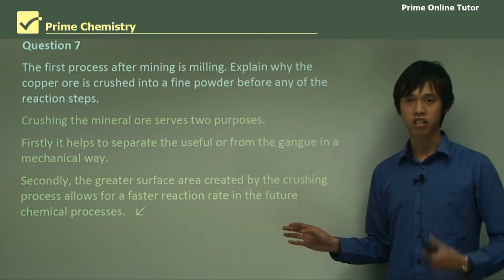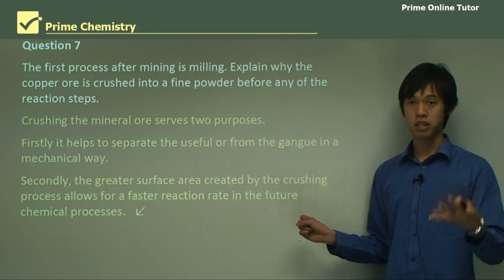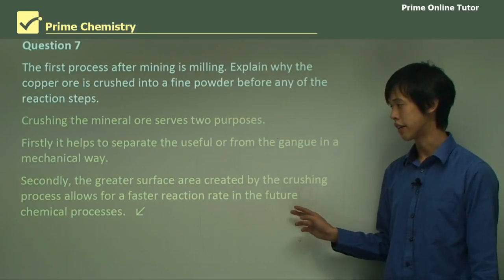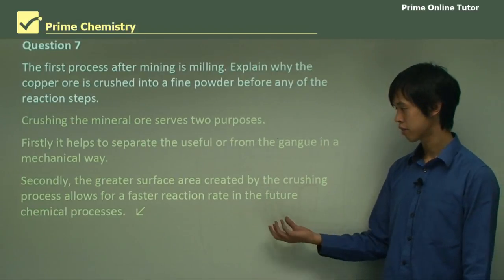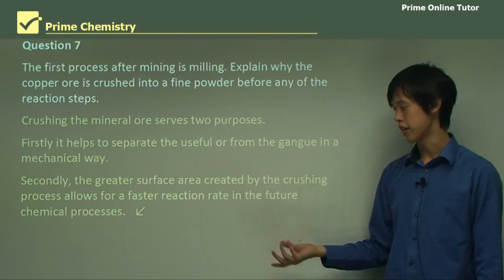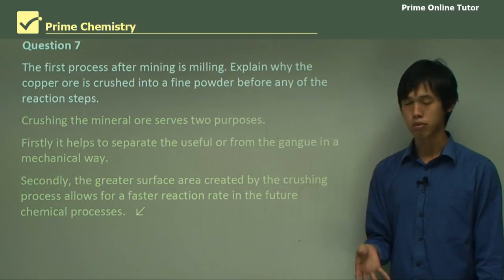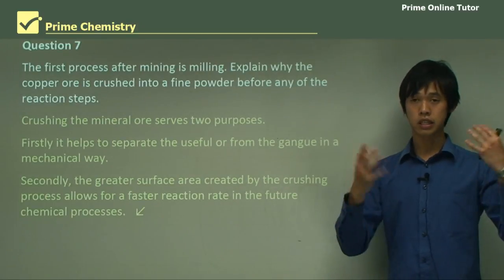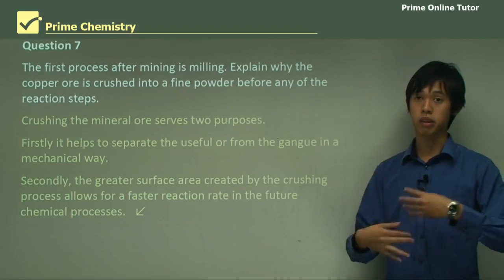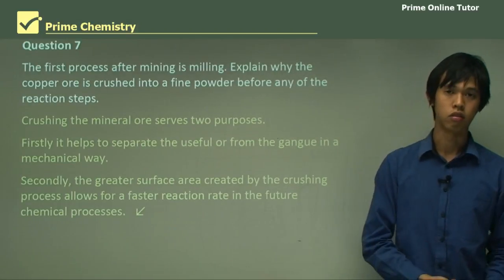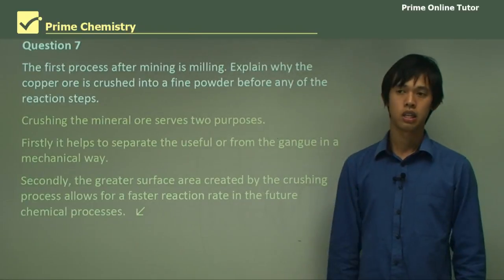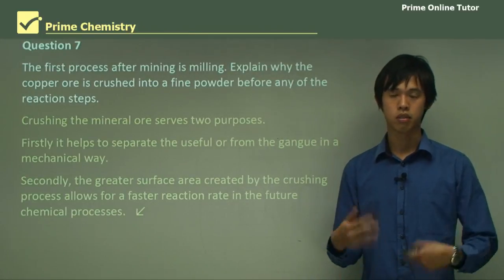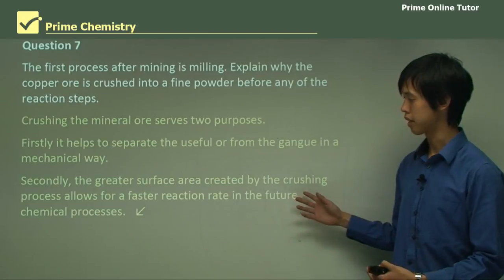And secondly, obviously, I think you've realized this now, but the biology students would definitely have seen this already, the greater surface area created by the crushing process allows for a faster reaction rate in the future chemical processes. So if we crush it, we can have the reactions happening faster, which is of course good for business because we can get more of the copper out because the reactions are happening faster. Okay.